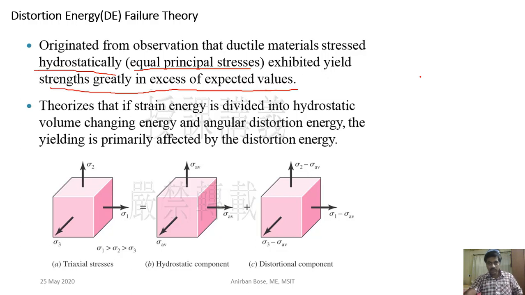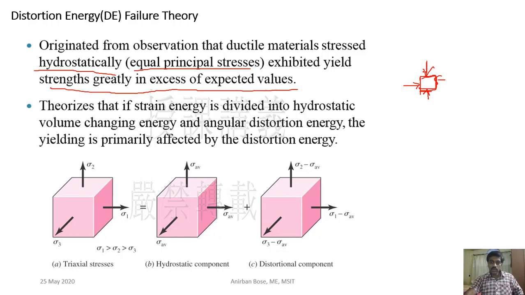That means if you apply stresses on a material of equal amount from all sides, you know that hydrostatic force is like a compressive force of the same magnitude acting from all directions.